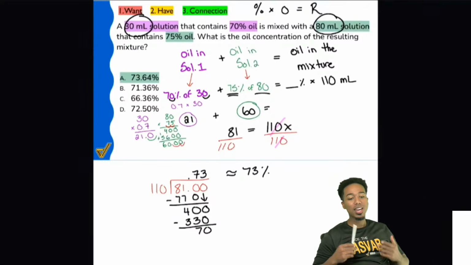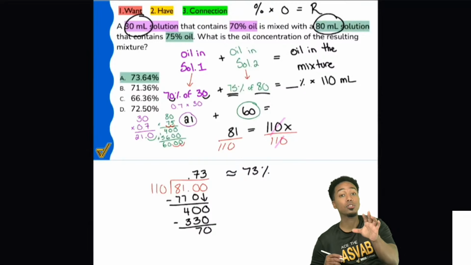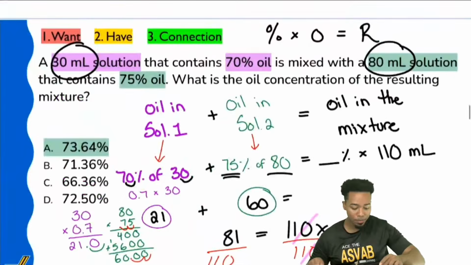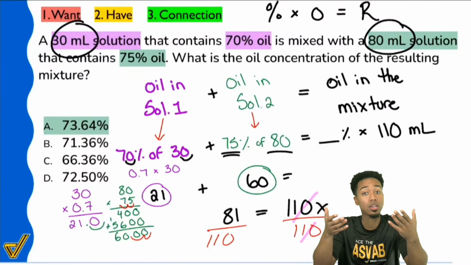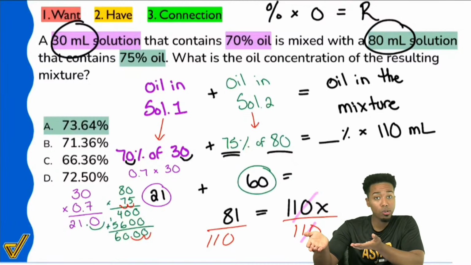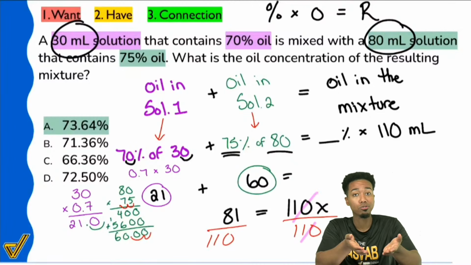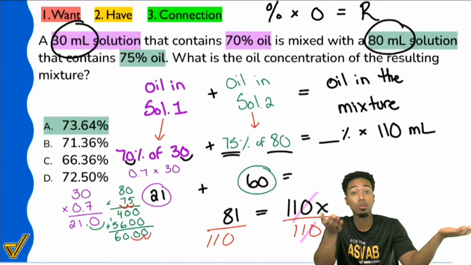So the way that we got 110 was, and again, these are great questions, guys. Don't stop asking them. We got 110 right over here by thinking about the essential foundation of the problem. We were saying, hey, if you add the oil from solution 1 and the oil from solution 2, you get the oils added up.